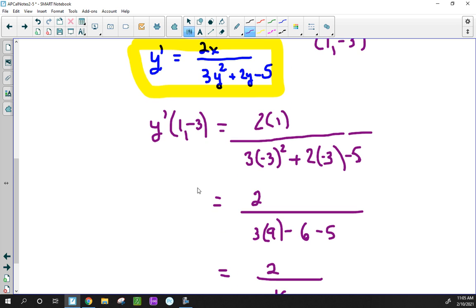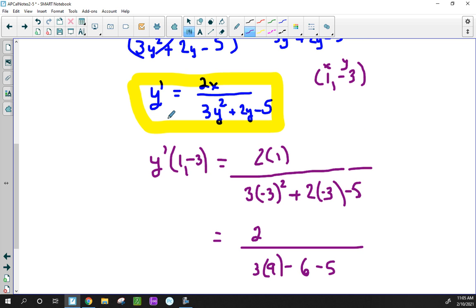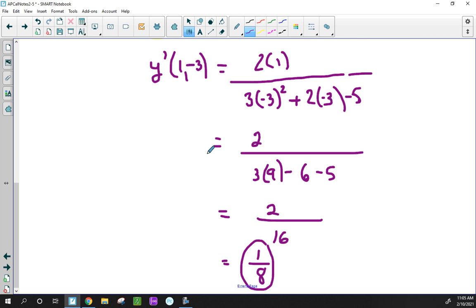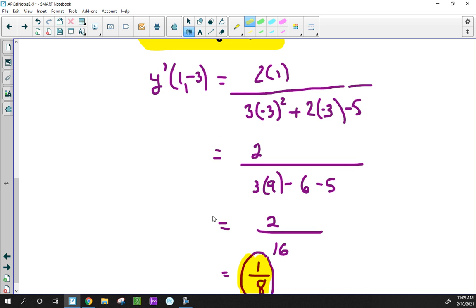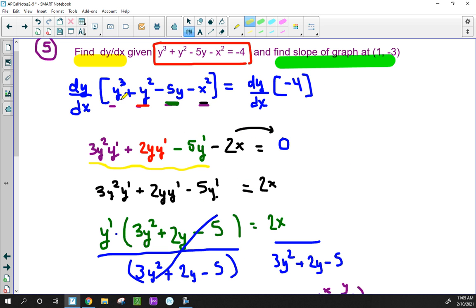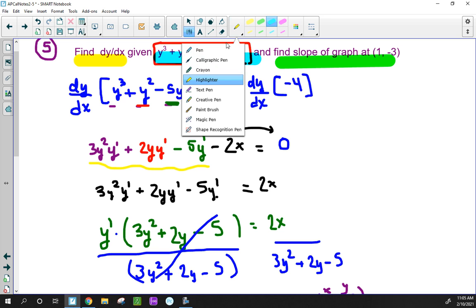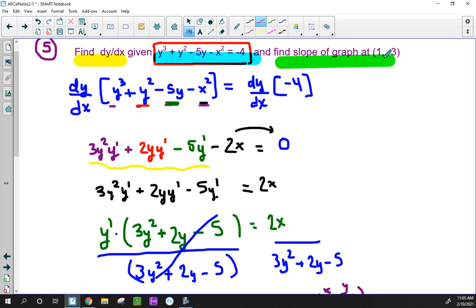So the slope at the point 1, negative 3 would be 1/8. And so that would be your second answer to the directions. Try to remember what that means again: when I take this problem and literally graph it, if I had a visual for it, and I went to the location 1, negative 3, the slope actually turned out to be 1/8, meaning at that location, the graph of the tangent line would only rise like up 1 and right 8.